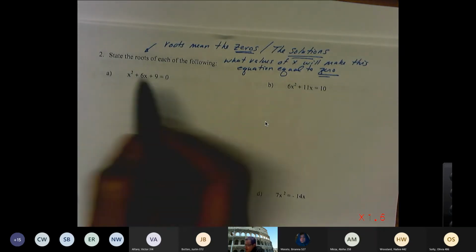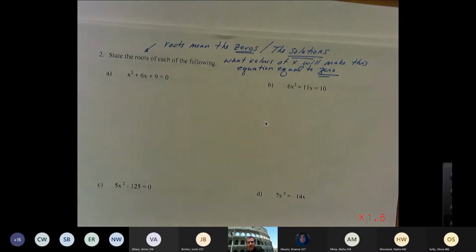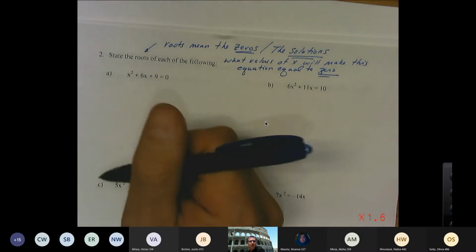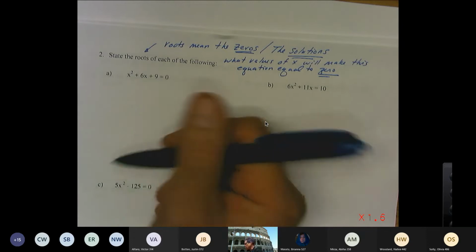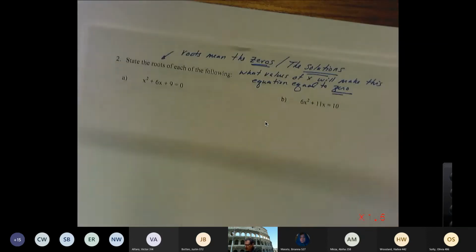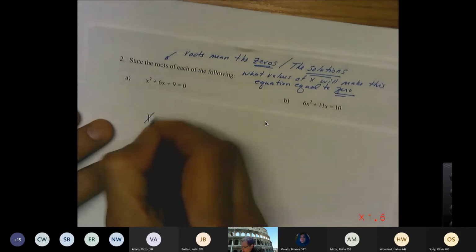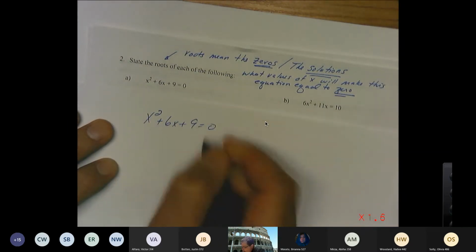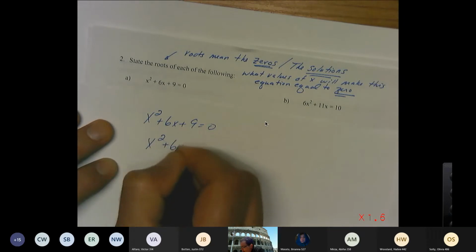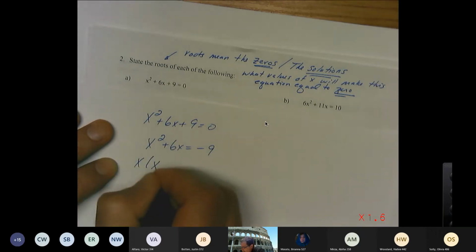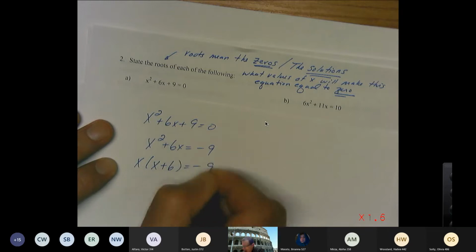Okay. This can't be solved easily. You can't take the 9 over to the other side and try to solve for x. It's not going to work. Let me show you what lots of kids do. They do x squared plus 6x plus 9 equals 0. They do x squared plus 6x equals negative 9. They do x bracket x plus 6 equals negative 9.